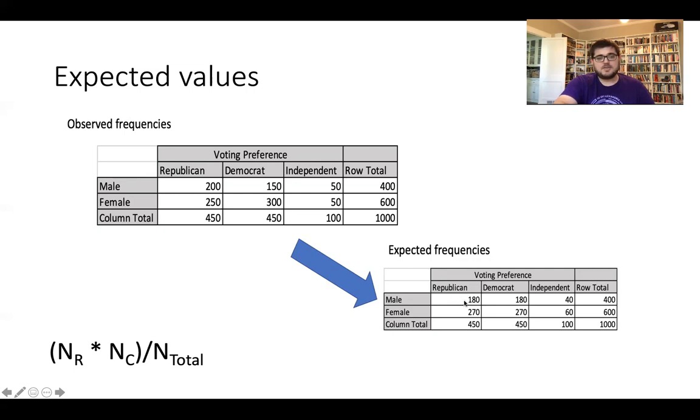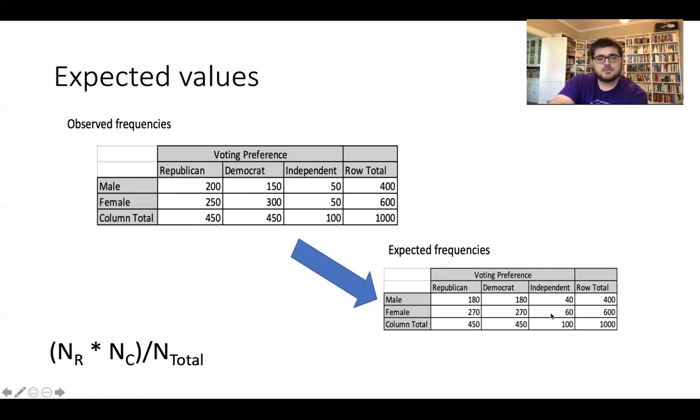Remember, you will not see clear evidence of the null hypothesis in your sample every time you collect data. You'll see slight variations. You'll see slightly more Republican men than you would expect if the null hypothesis is true, or slightly less. So 20 is not that big of a discrepancy, the difference between 200 actual and the 180 you'd expect to see with the null hypothesis.